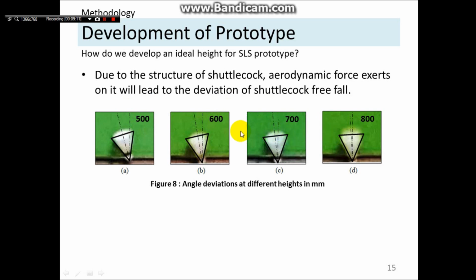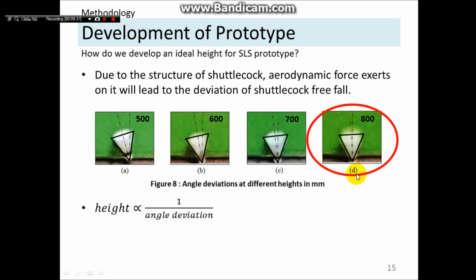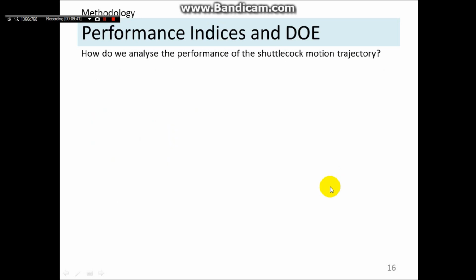As the height increases, the angle deviation of the shuttlecock decreases, so the height is inversely proportional to the angle deviation. Thus we need the least angle of deviation, and we will use the 800 millimeters height to develop the prototype.